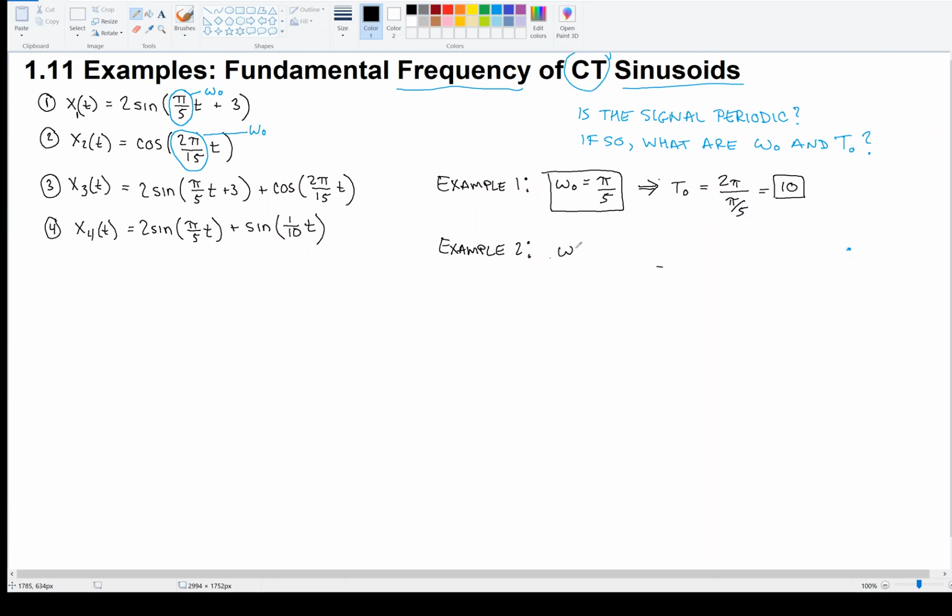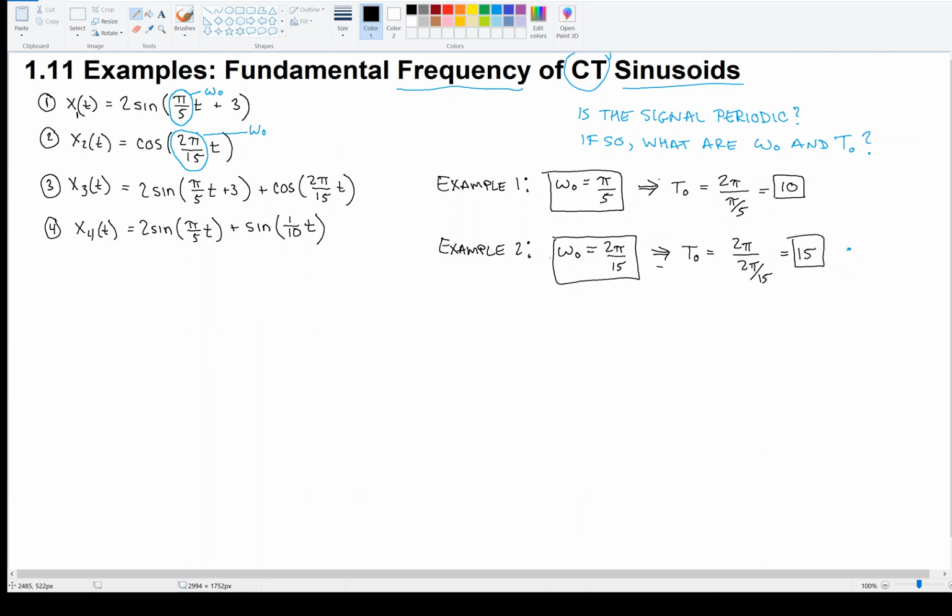So I know right away that my fundamental frequency is 2 pi over 15 just by inspection. And then I can deduce the fundamental period is 2 pi over 2 pi over 15, which is 15.